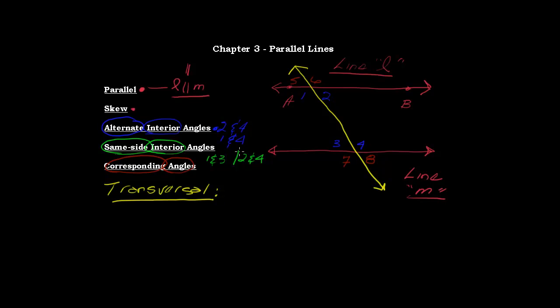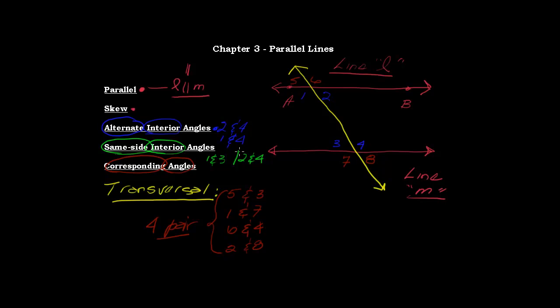Corresponding angles refer to the same side. So corresponding angles in this case are 5 corresponds to 3, and 1 corresponds to 7, 6 to 4, and 2 to 8. So we have 4 pairs of corresponding angles.